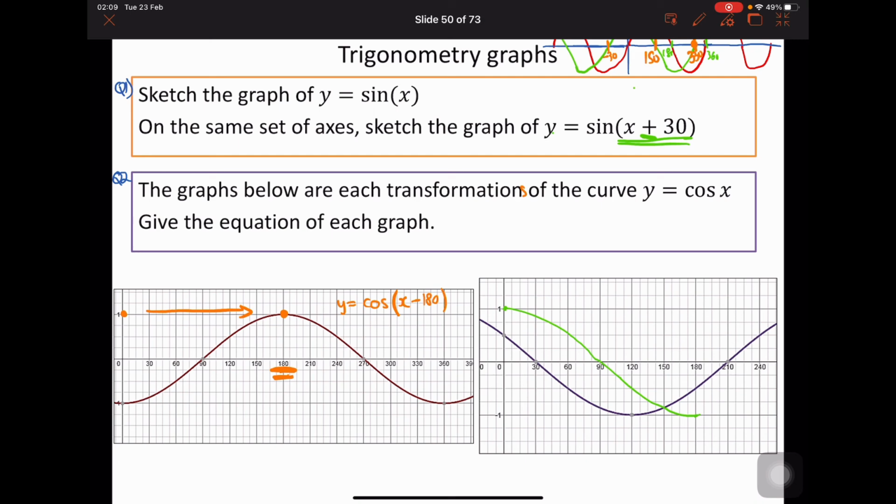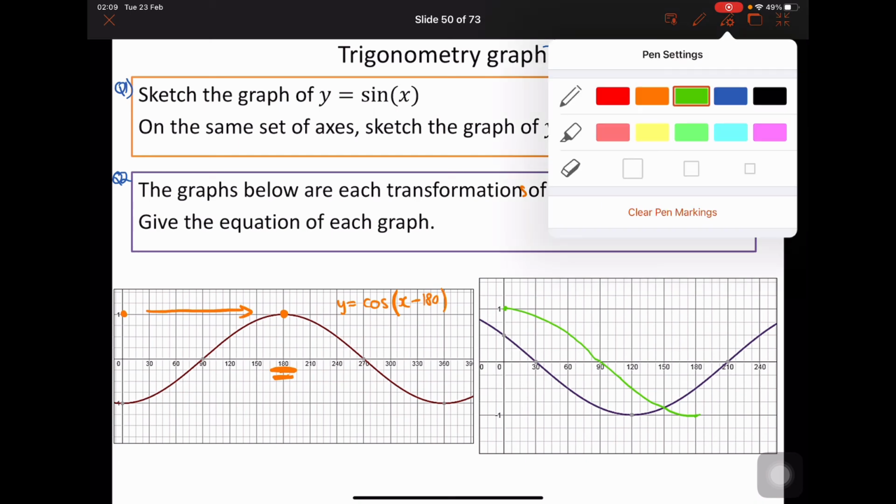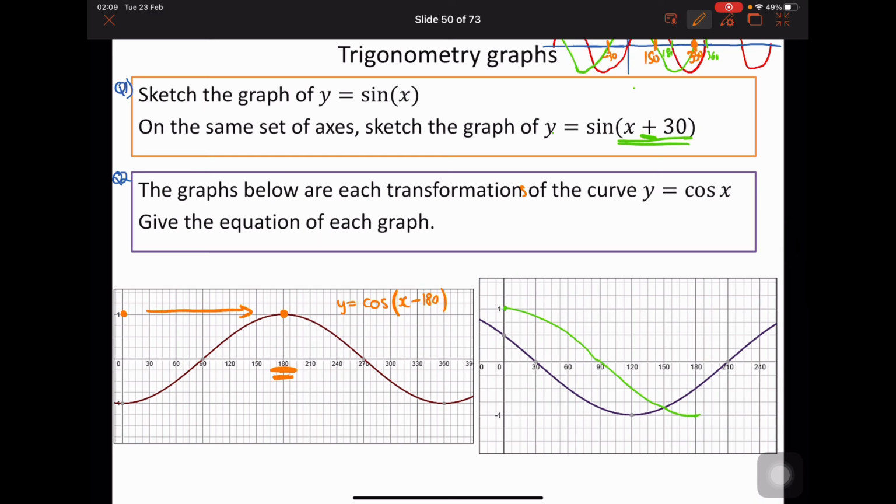Okay, it is fairly clear. We have shifted to the left by 60 x values. Yeah, fairly consistent across the board. So we can say that y equals cos of x plus 60.